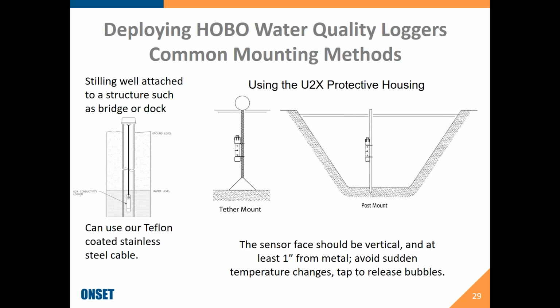You want to avoid solar heating, so it's a good idea to either mount these under a canopy shade or make sure that they're deep enough where solar heating doesn't become an issue. And you also want to ensure that the sensor does not touch the bottom or touch any other large thermal mass. You also want to make sure that you mark the location of where these loggers are so that you're able to find them when you go back to retrieve the data.